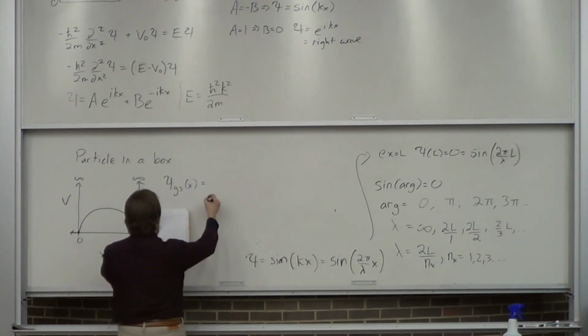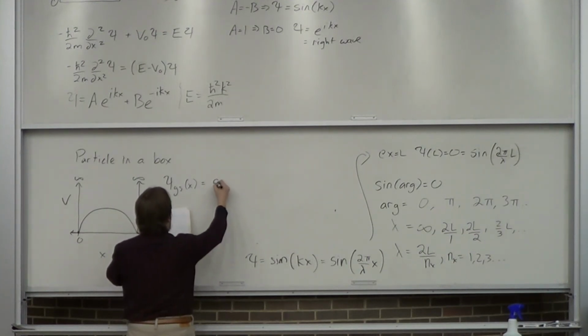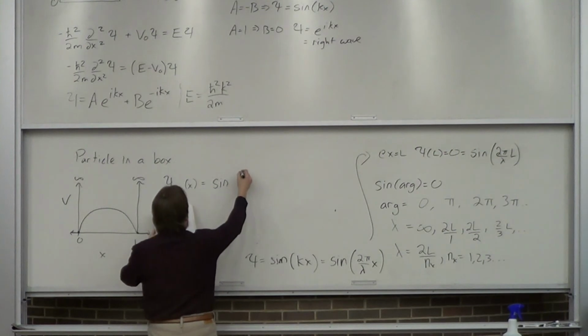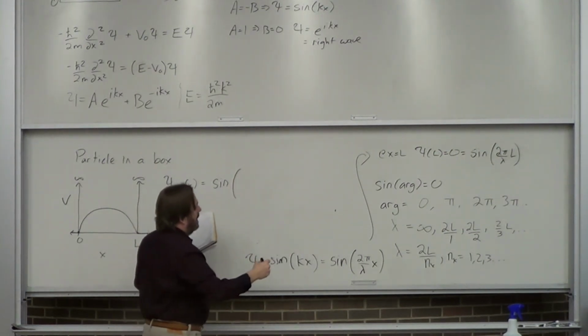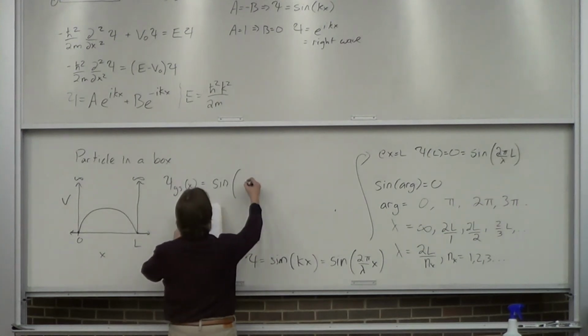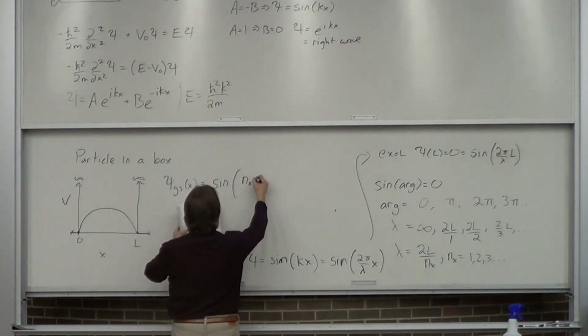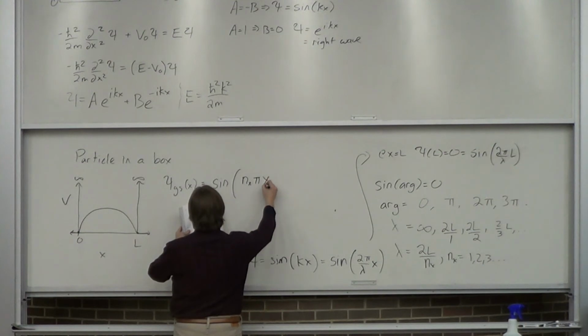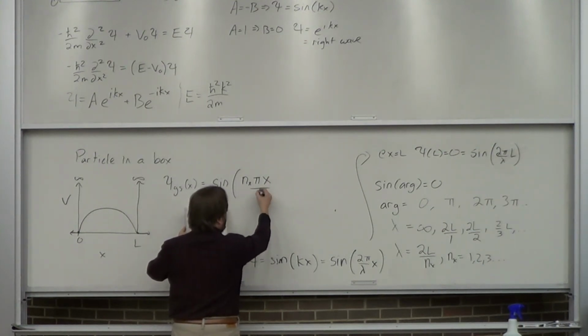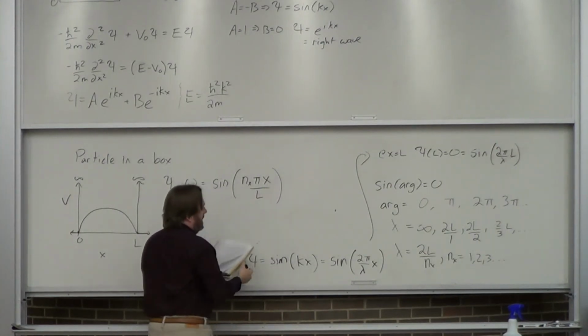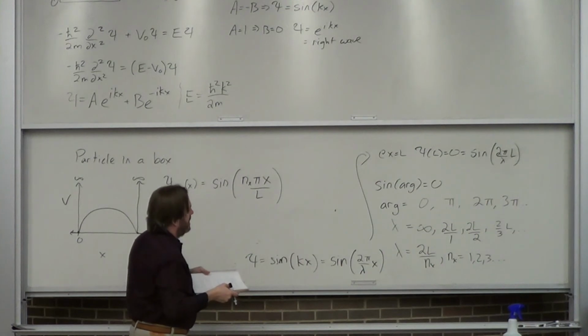The wave function is sine of, okay, if lambda, so that'd be n pi x over L. Is that right? Let me double check that.